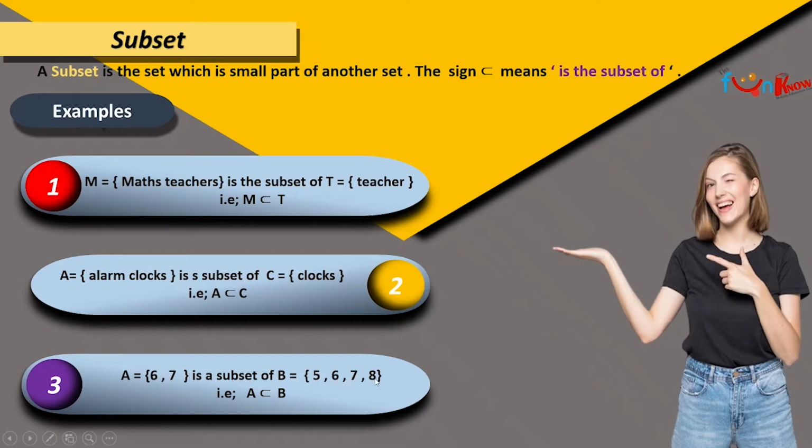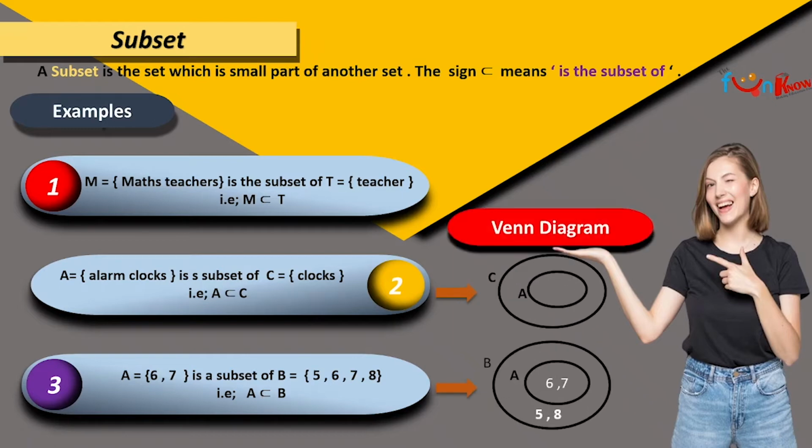So you can see, students, here B is a set which includes 5, 6, 7, 8, and 6, 7 are the members of that B, which is further dividing itself into subset A. That's why I can write A is the subset of B, because whatever the content of A is, exactly this content is included in B. That's why A is the subset of set B. Hope you're understanding what is a subset.